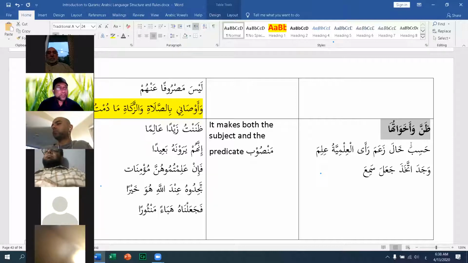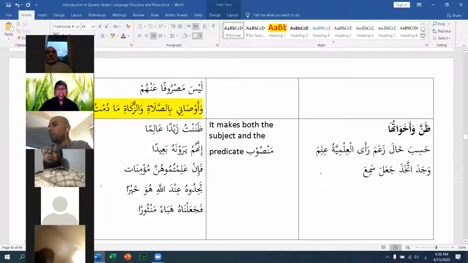So you say ظننت زيدا فقيرا. I thought that Zaid is poor because of the way he dressed. That's the word ظن, how it's used. I thought that Zaid is poor because he dressed like a poor man, but he's really rich. That's what ظن means. ظن means to assume something, and of course it implies that your assumption is wrong.